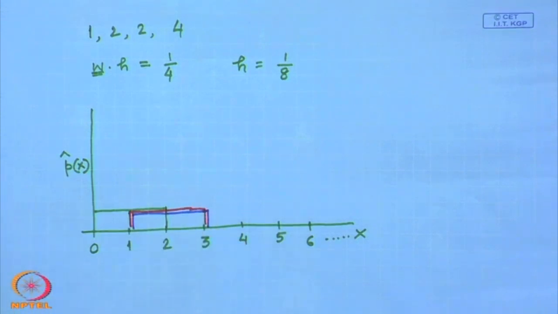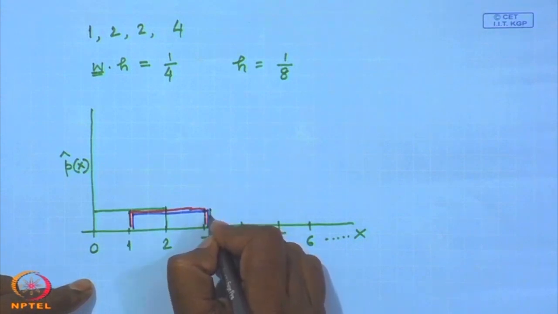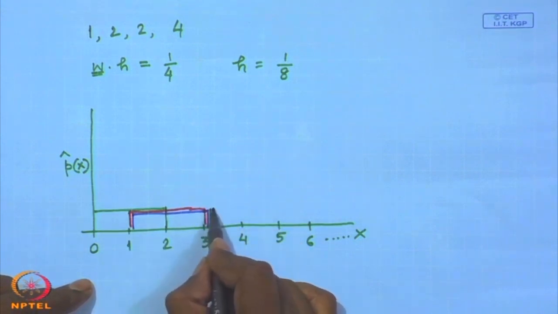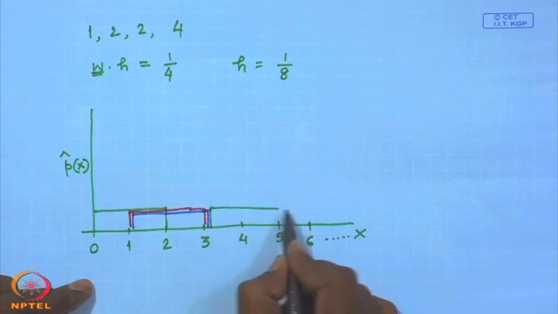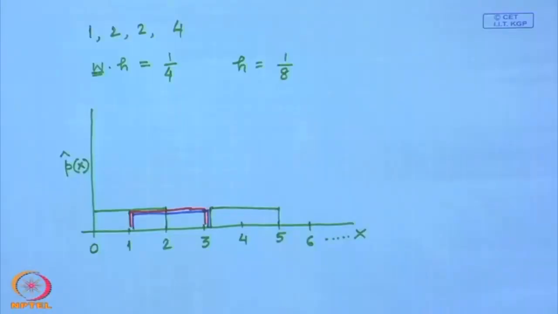And then I have a single window at location x equal to 4, again of width 2 and height 1 upon 8. So, this window will span from x equal to 3 to x equal to 5, because width is equal to 2.